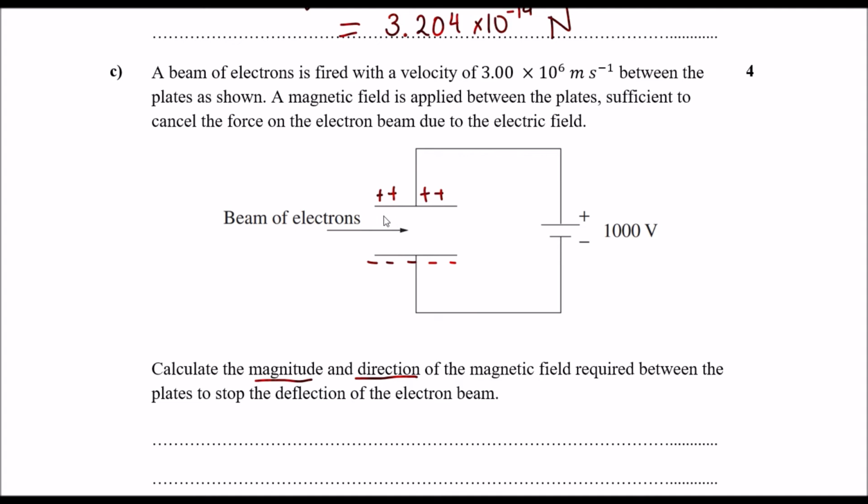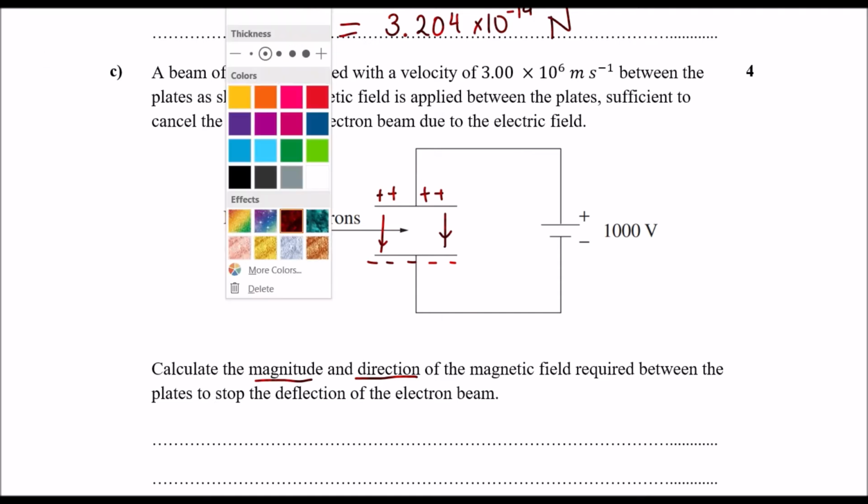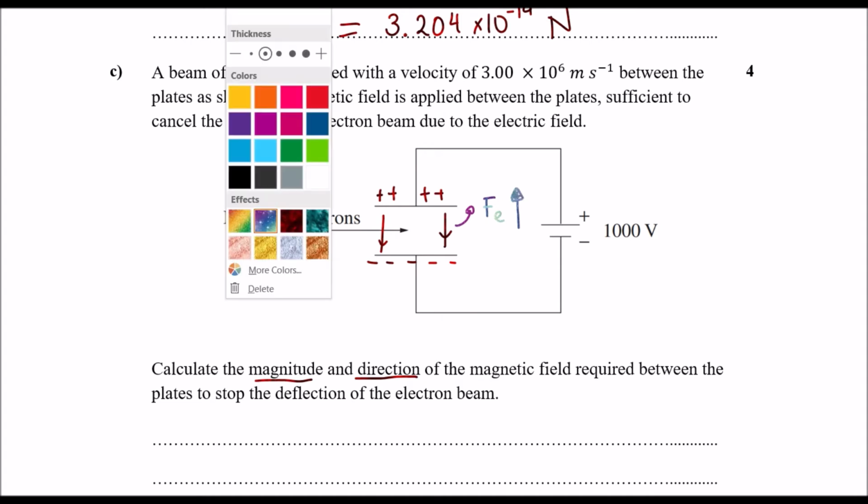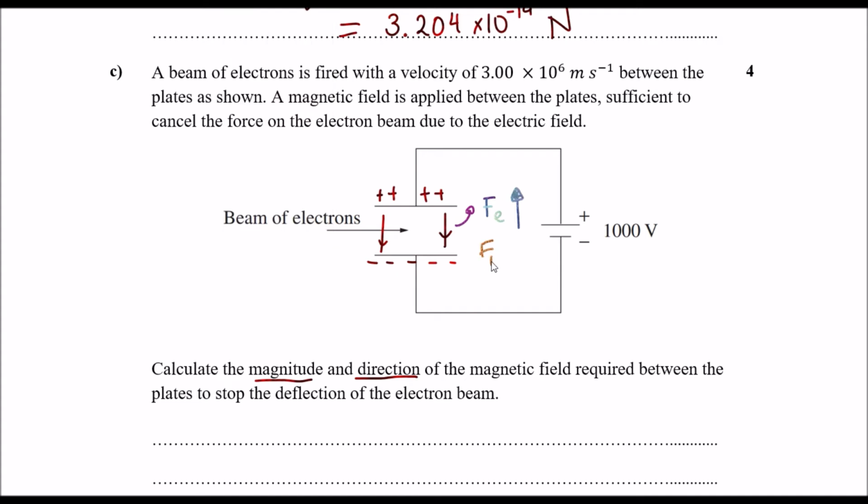So the electric field goes from the top to bottom, which means that our electron, if we just draw a direction for our electron, the force of the electric field is going up. So we want to generate a magnetic field or magnetic force that is pushing down.